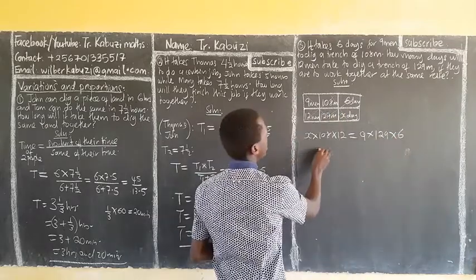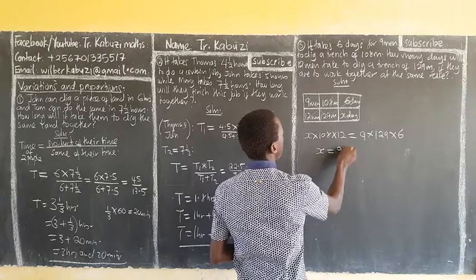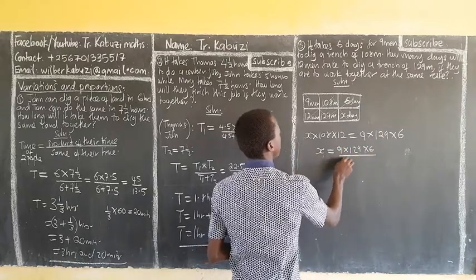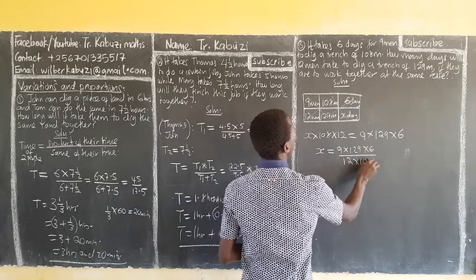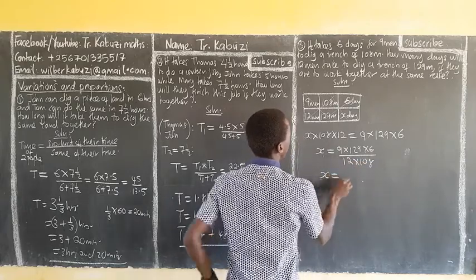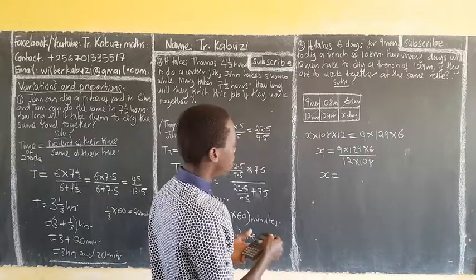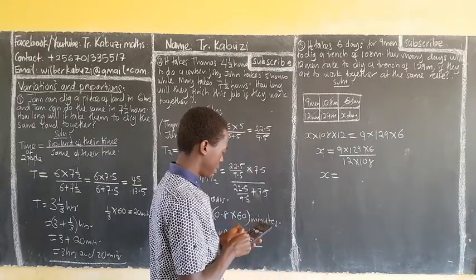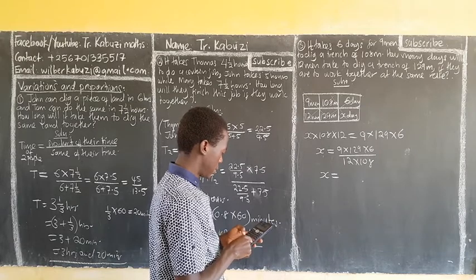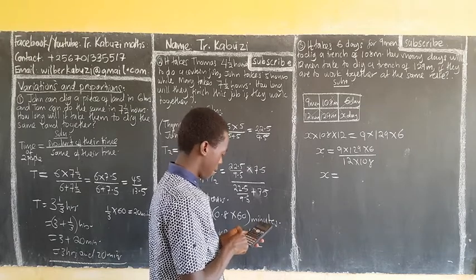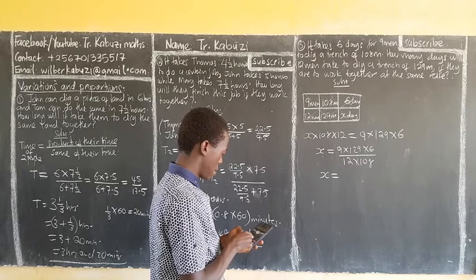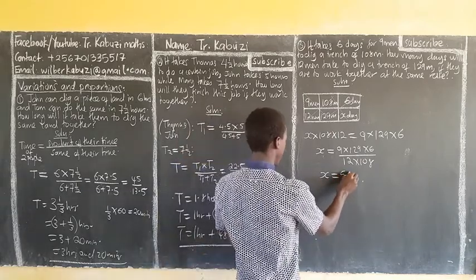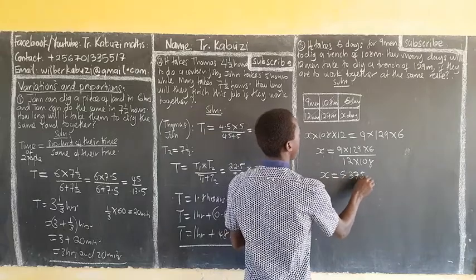So to make x the subject, the whole over 12 times 108, and so your x will be 5.375 days.